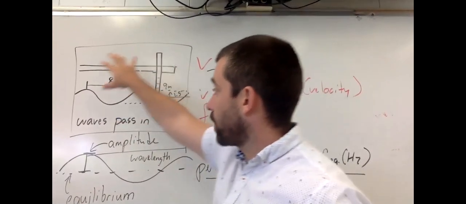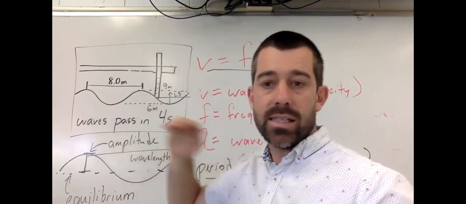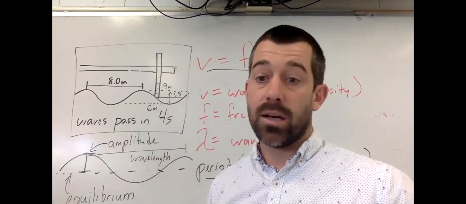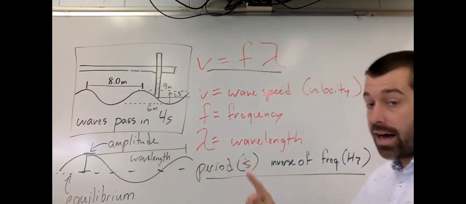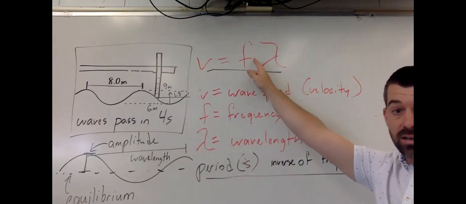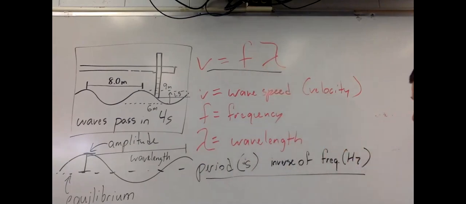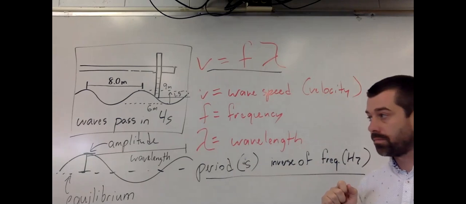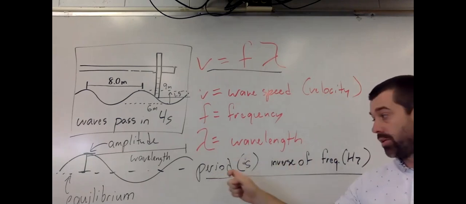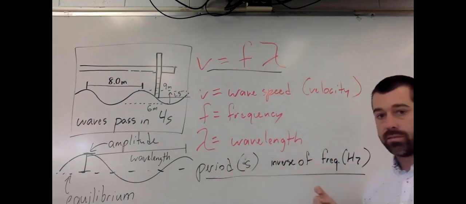All right, so I'm looking at what I was given in the problem. It does not tell me the frequency. It never says number of hertz. So I can either use this equation or I can use this resource, and you'll notice I'm going to use this one. So I know period is the inverse of frequency, okay?